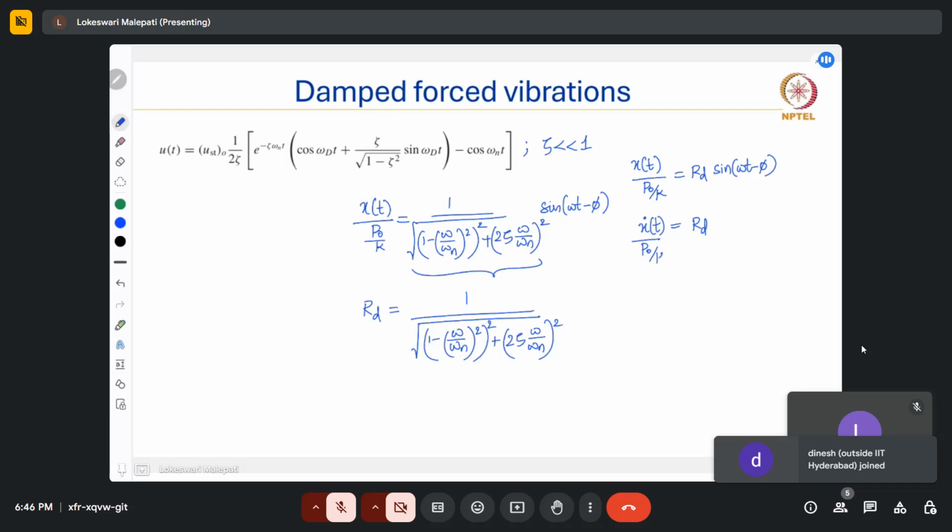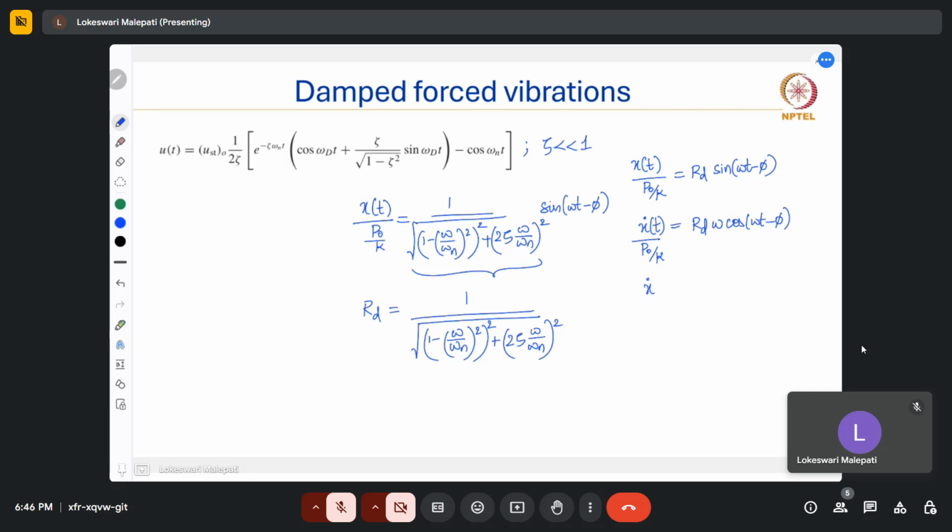We have p naught by k omega cos of omega t minus phi, and we can divide on both sides with omega n.